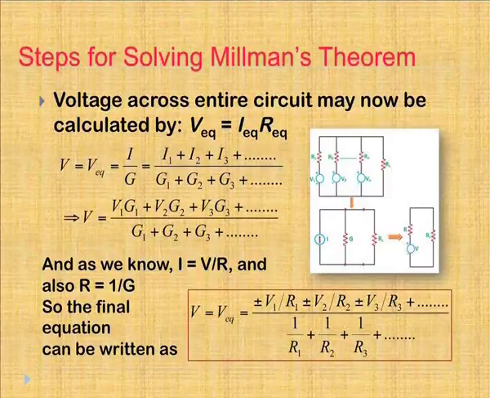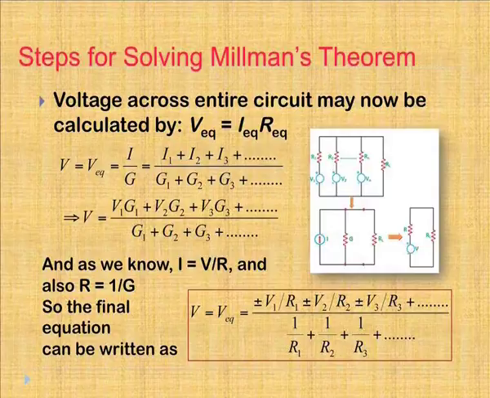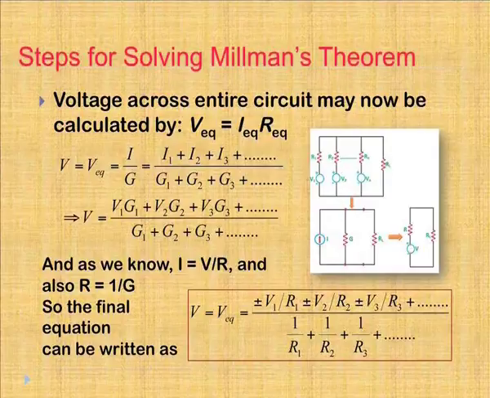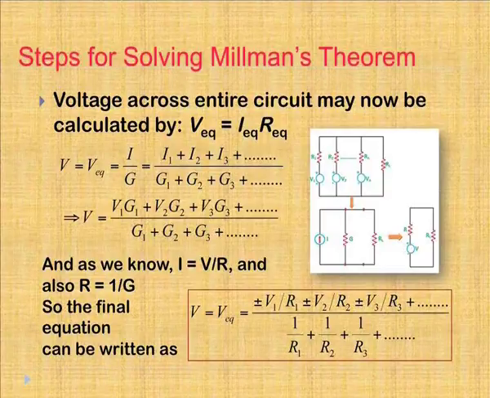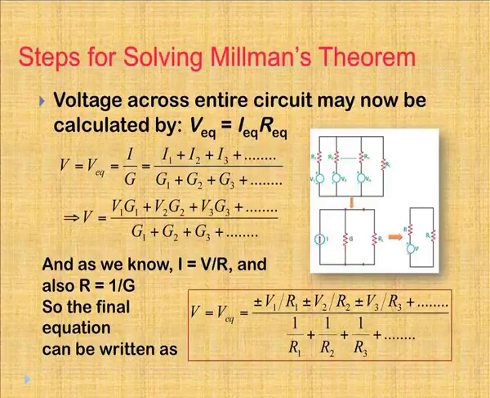So, all the currents can be written as the ratio of voltage to resistance, and all the conductances can be written as the reciprocal of resistance. So, finally, we get the equation for V equivalent as V1 upon R1 plus V2 upon R2 plus V3 upon R3, divided by the sum of all the reciprocals of resistances.